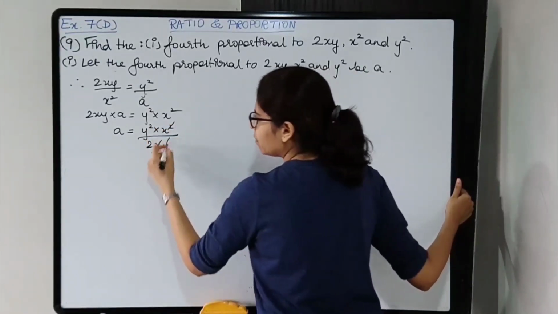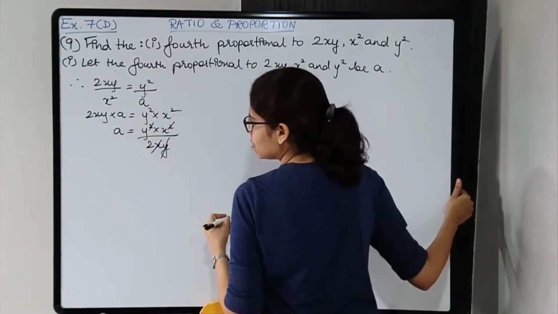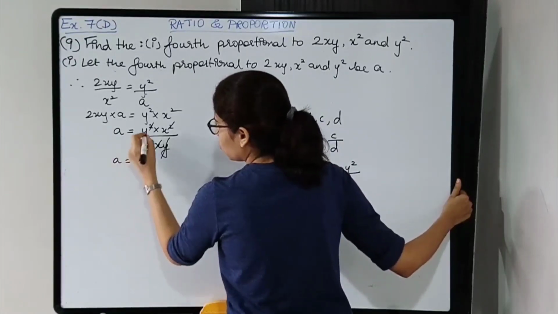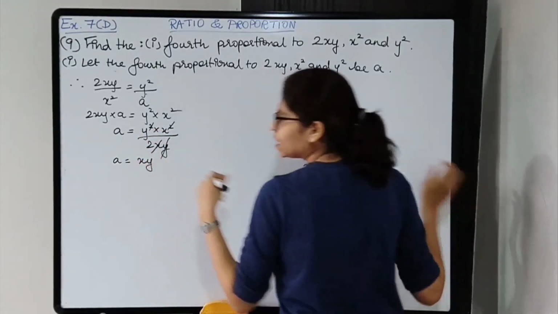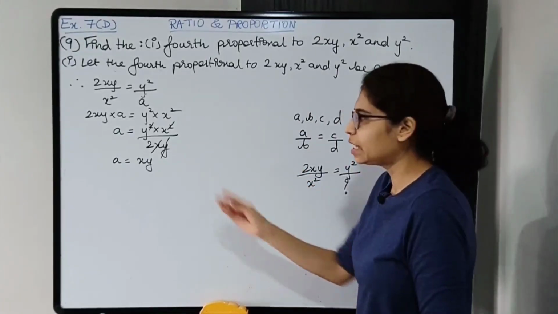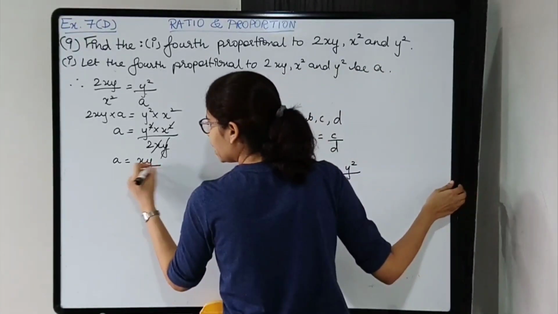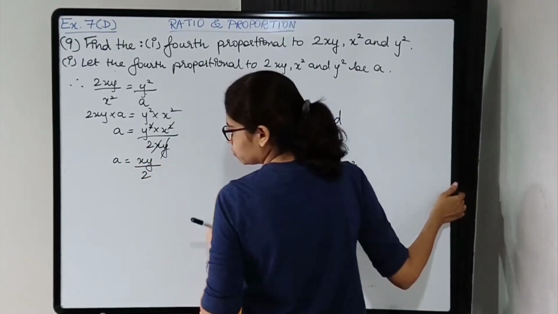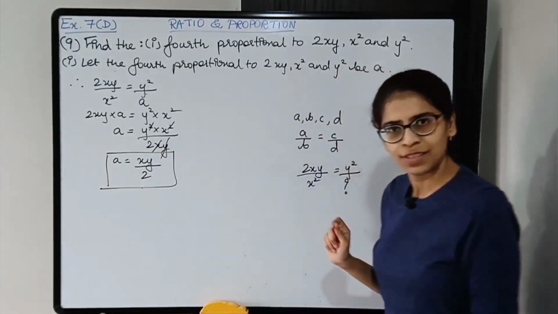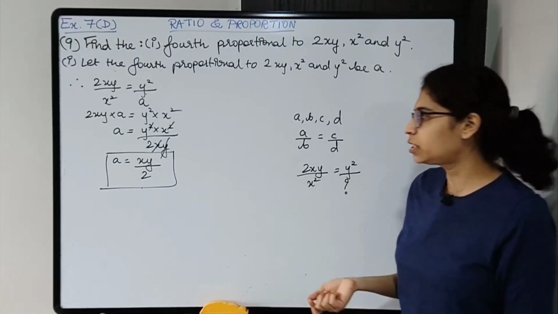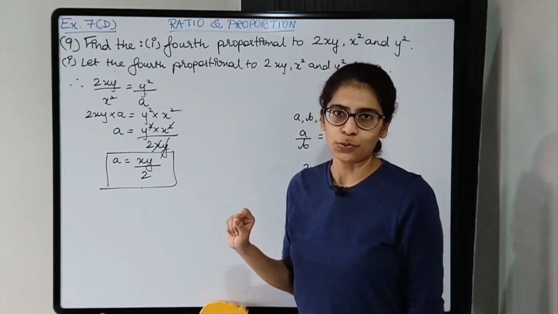1x gets cancelled, 1y gets cancelled. So you are left with y into x. So you can say it is nothing but xy, writing it in alphabetical order. ठीक है, x पहले बाद में y, then upon 2. So we got the value. The fourth proportional or the fourth term is xy upon 2.